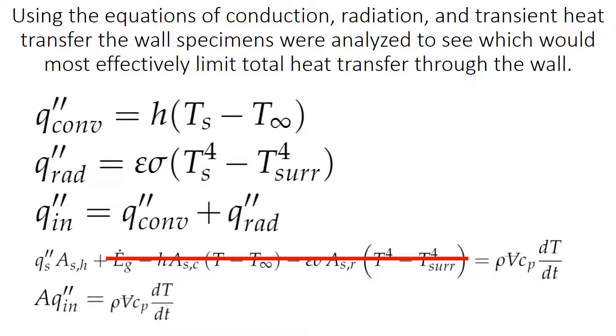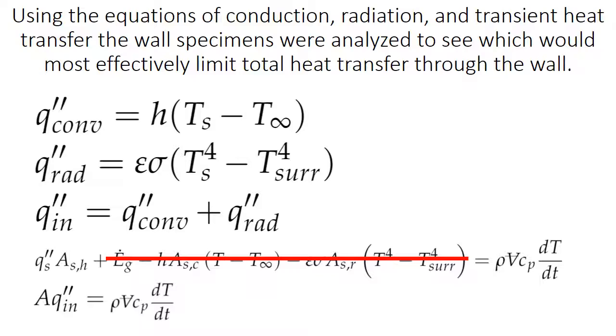So the governing equations we were working with were that the Q double prime of convection, which equals the convection coefficient times the temperature gradient, is the primary source of input of the loss of heat through the wall.